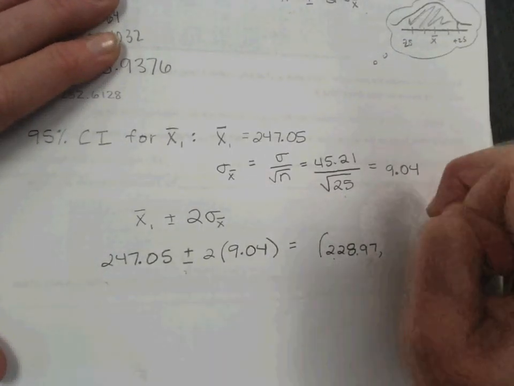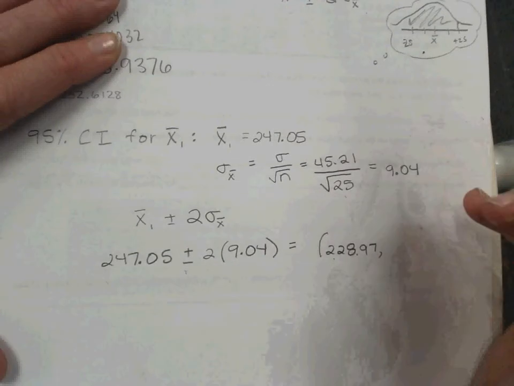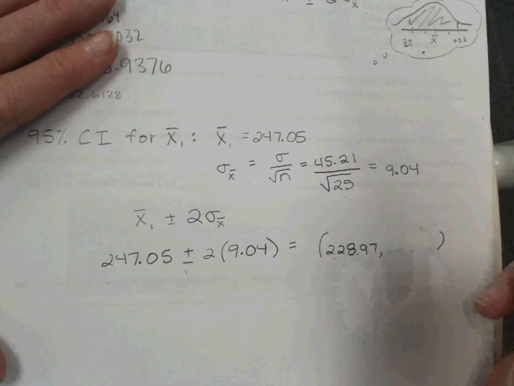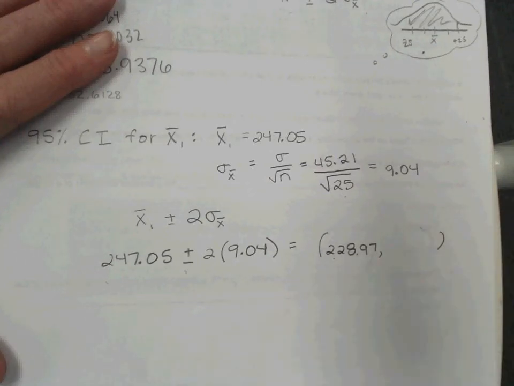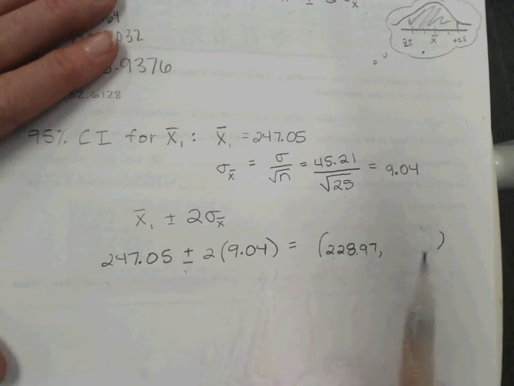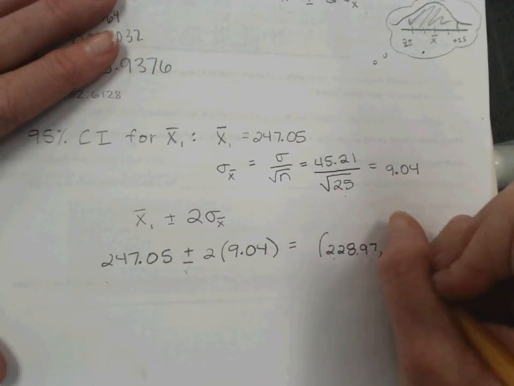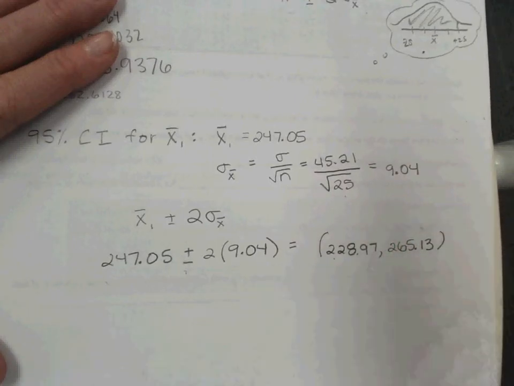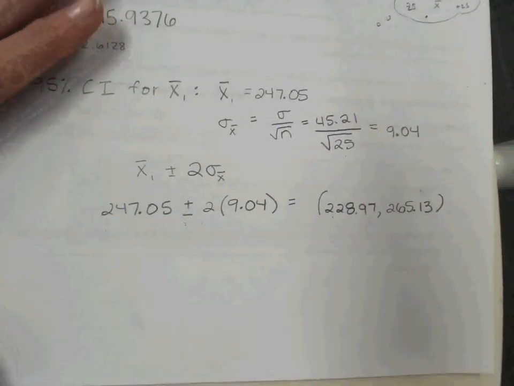So 228.97 would be the low end. What did you get for the upper end? So that's where you would do plus 2 times 9.04. What'd you get? 265.13. All right, good.